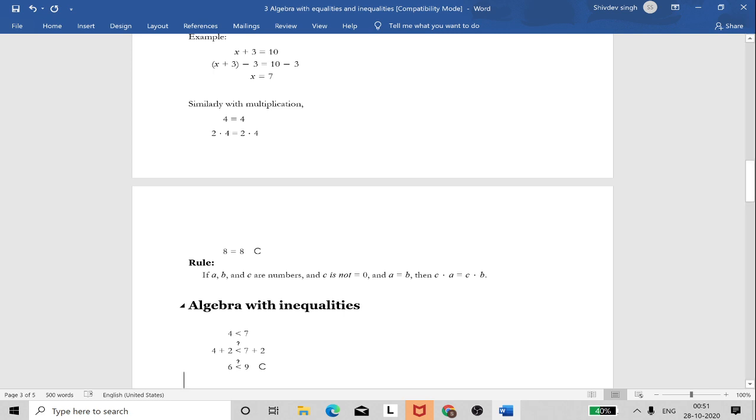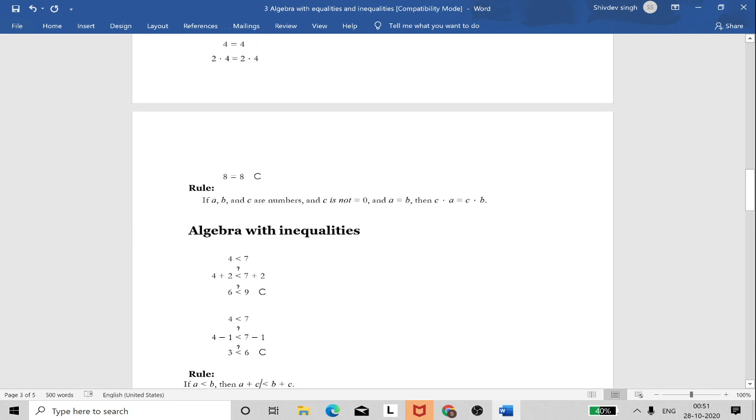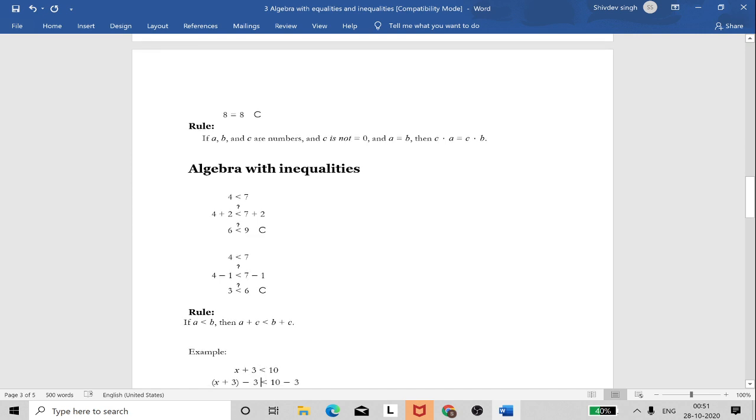Now, what is the algebra behind inequalities? For example, 4 is less than 7. If we add 2 on both sides, what will we get? 6 is less than 9, which is always correct.